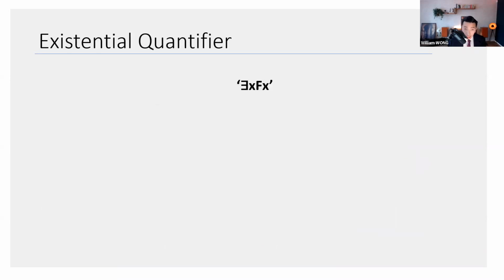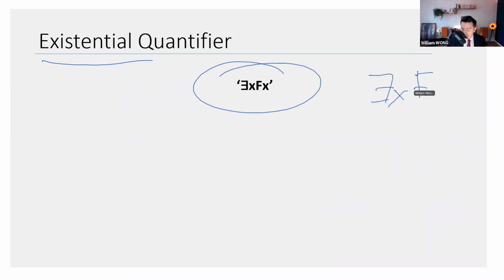Okay. Here is an existential quantifier. I said that the name existential is highly suggestive of what it means. So what might this mean? Well, it could say something like, there exists an x, and x is funny, where F is funny.